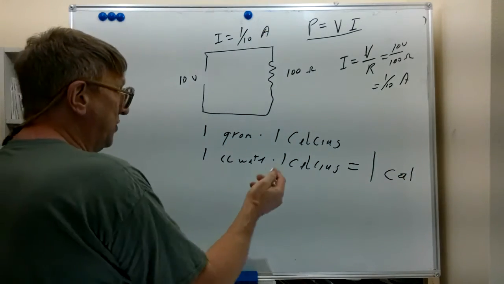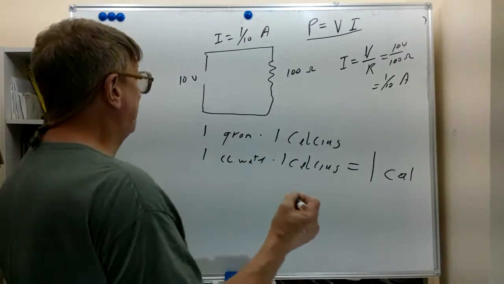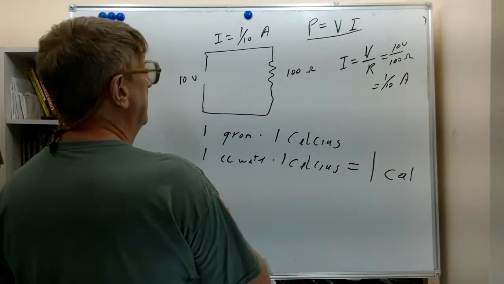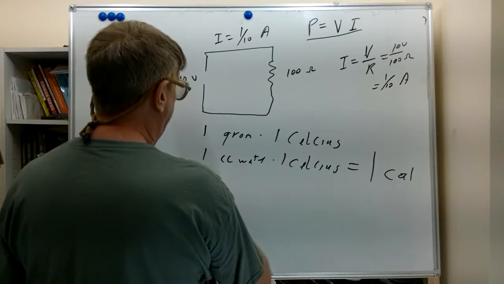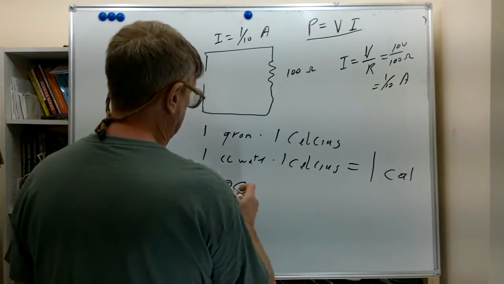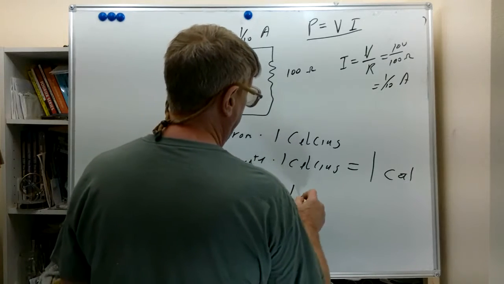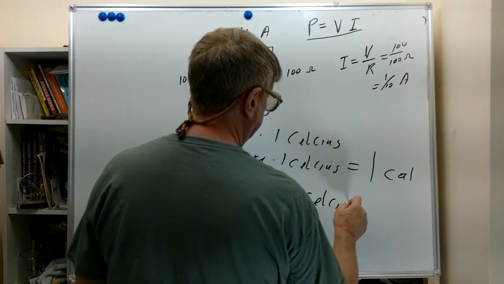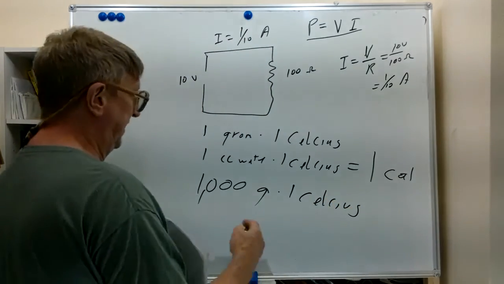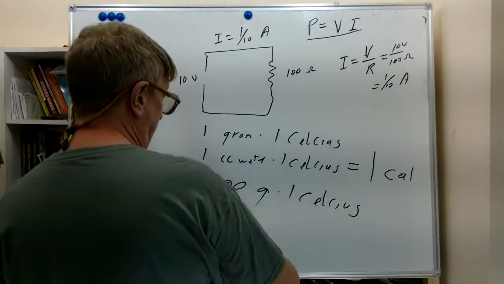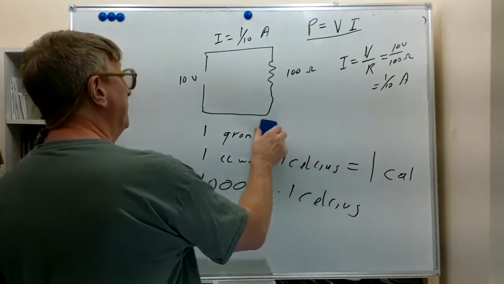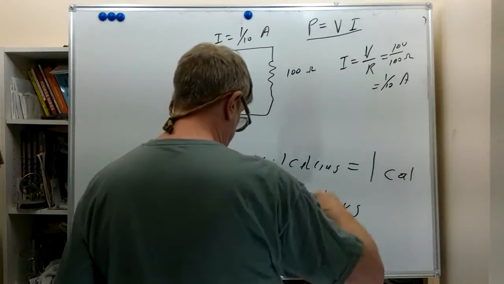But by the same token, we talked about the food size calorie. That's the amount of heat that's required to raise 1,000 grams 1 degree Celsius. Let's see, I'm going to take this grams off of here because I'm not 100% sure that a gram of water weighs a cc. I'd have to look that up.